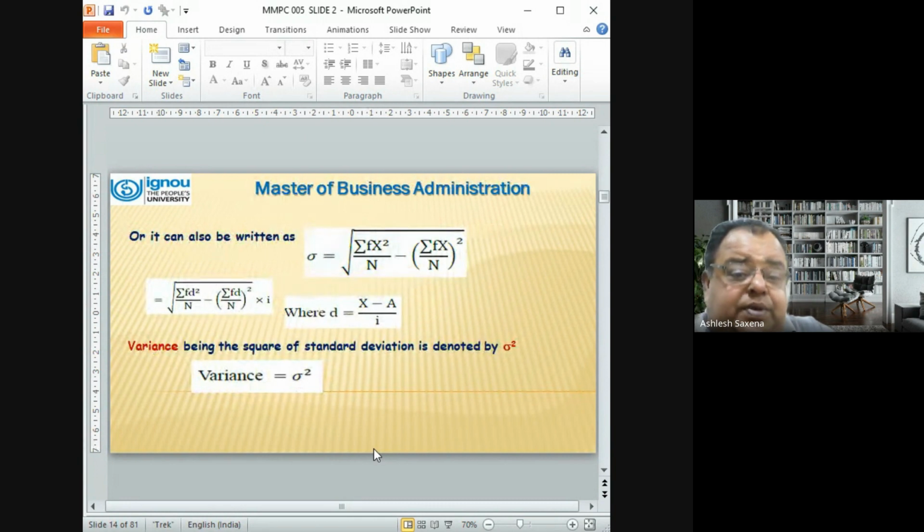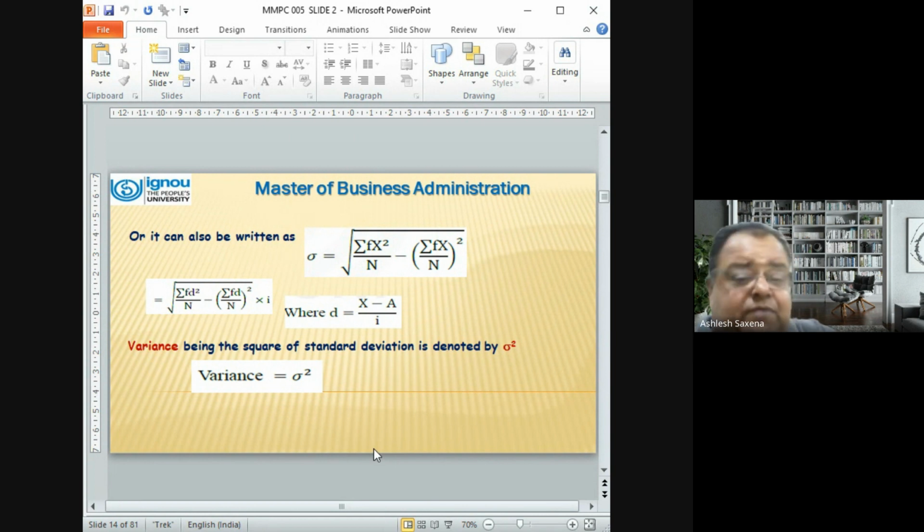Now, depending upon the problem and the numerical values in the problem, as the frequency and the class intervals increase, accordingly we have the proportion of the formula for using that.